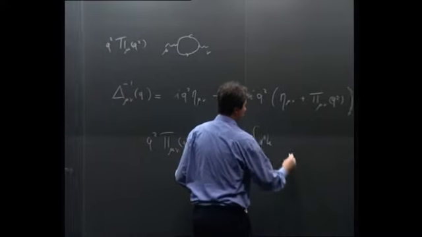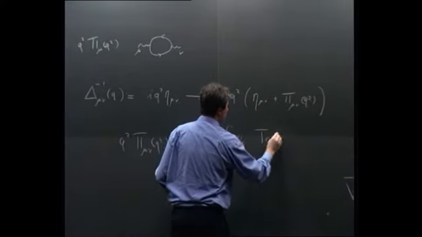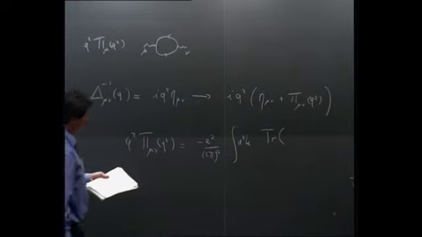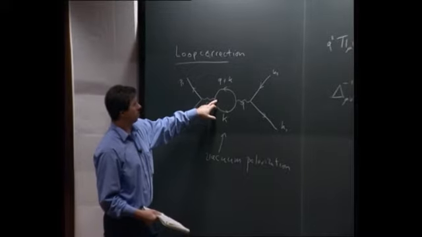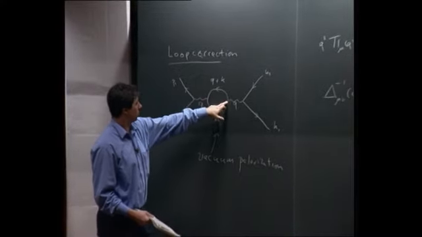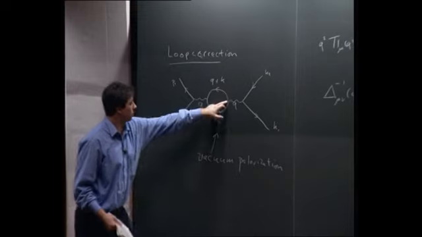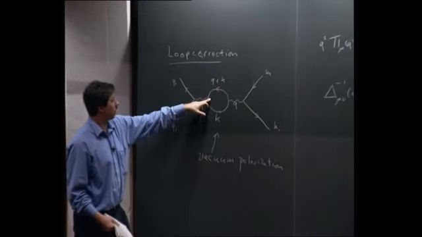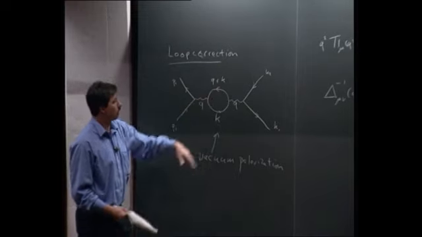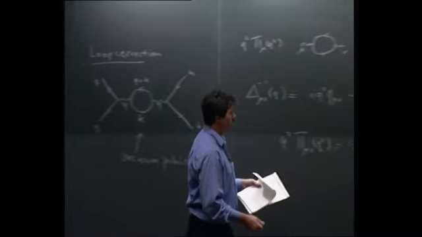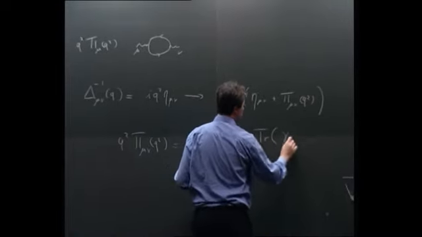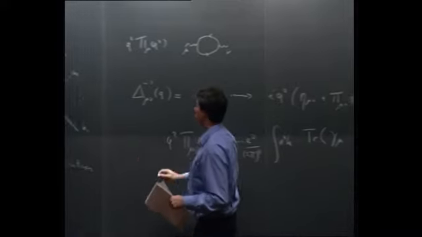And then the expression involves, again, a numerator and a denominator. In the numerator, I have a trace over the gamma matrices which enter in this loop. The vertices gave me gamma matrices, and also the propagators contain expressions with gamma matrices. So I'll get a trace over gamma matrices, gamma mu coming from the first vertex.